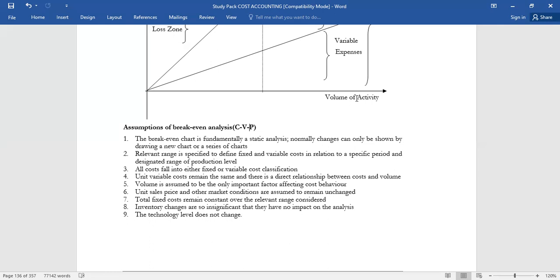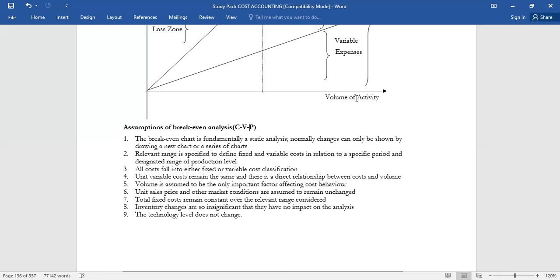Then 4, unit variable costs remain the same. And there is a direct relationship between cost and volume. So we are holding the unit variable cost constant. In this case here, we are violating the pricing of commodities. We don't dictate.